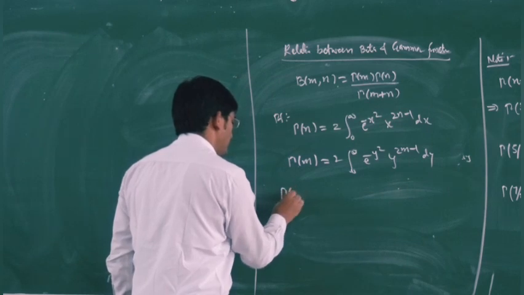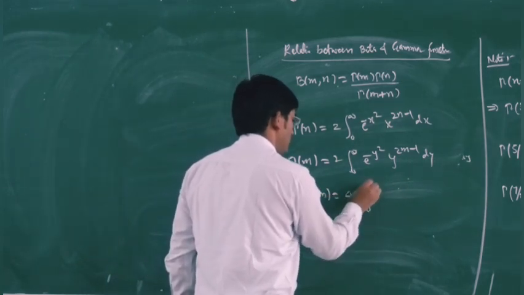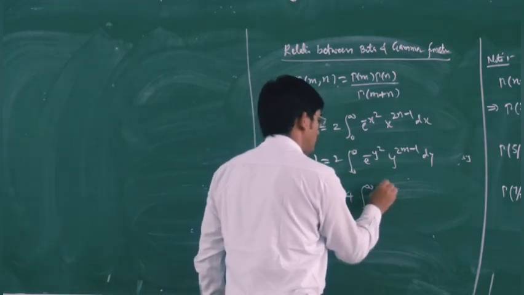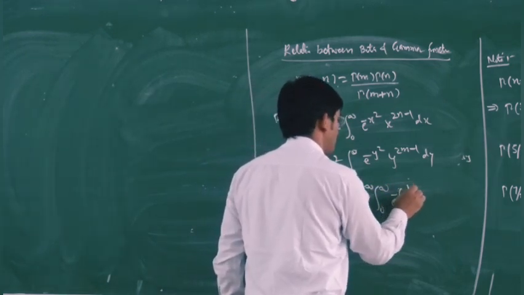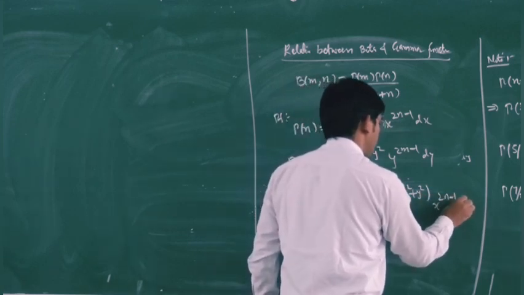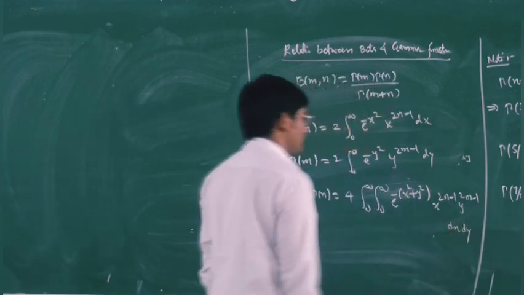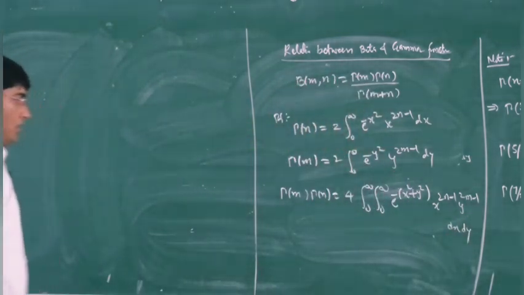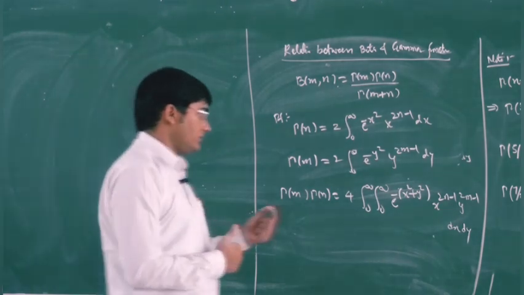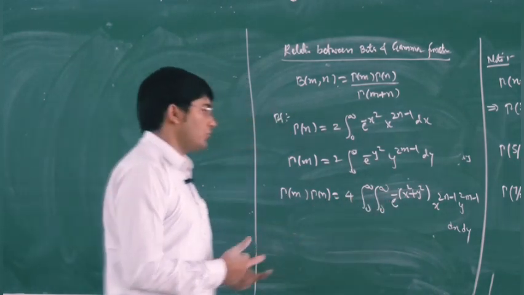Now, if you multiply these two integrals, our limits are constant, so we can write it as e power minus x square plus y square, then we have x power 2n minus 1, y power 2n minus 1 into dx dy. Okay. Now let us again solve this double integral with the help of polar coordinates.